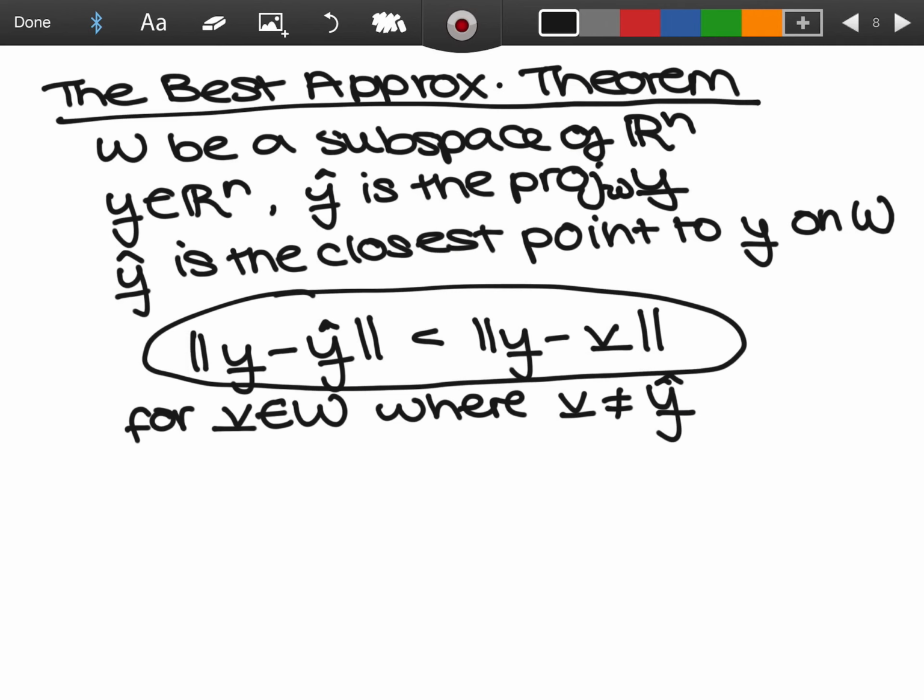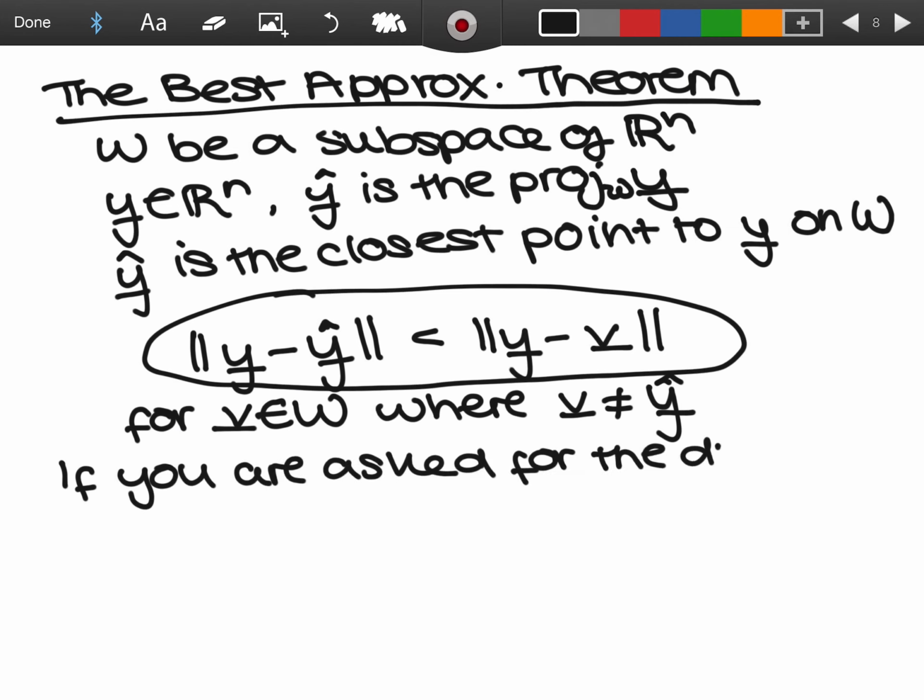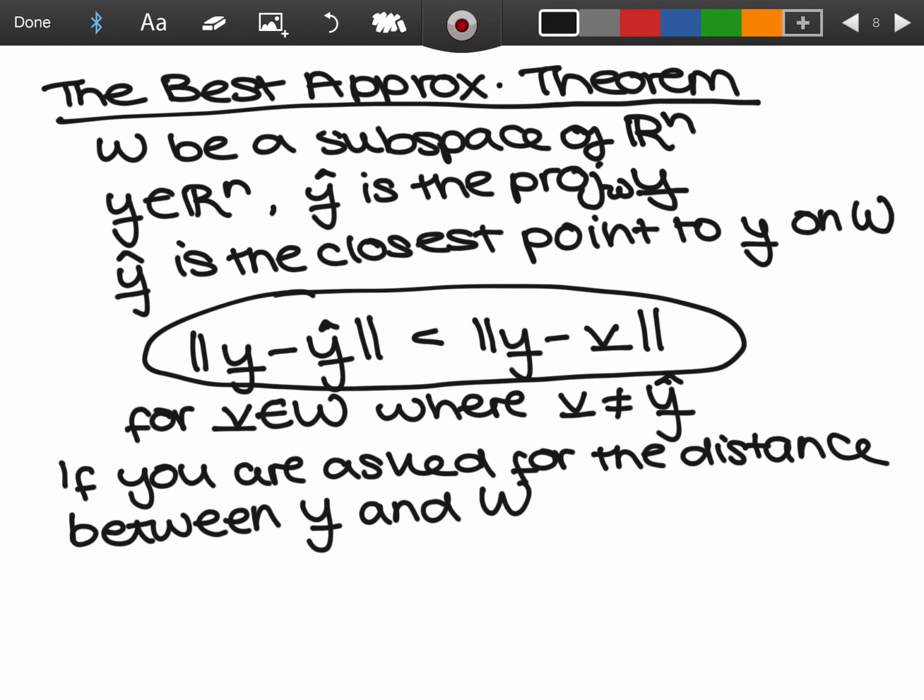If you are ever asked for the distance between y and the subspace W, what they're actually looking at is what is the closest distance between y and W. Therefore, they want the distance between y and its projection.